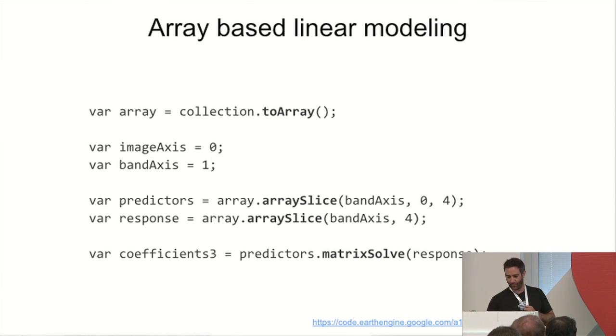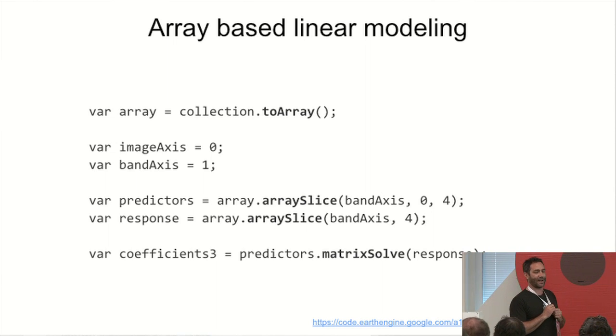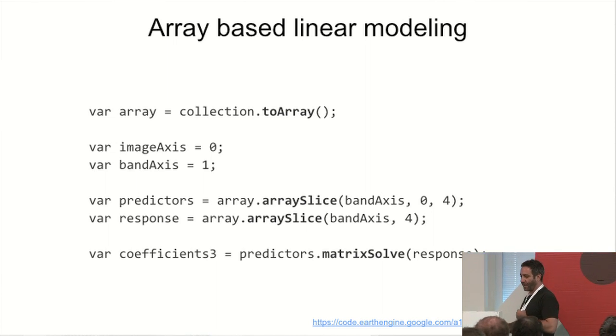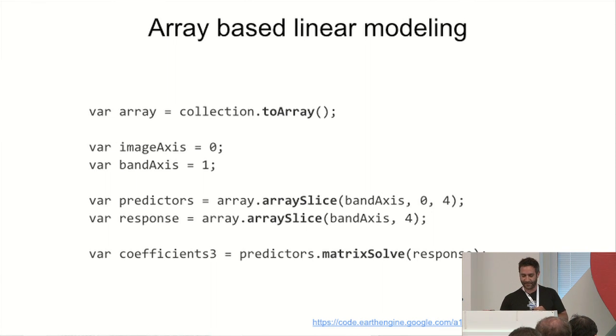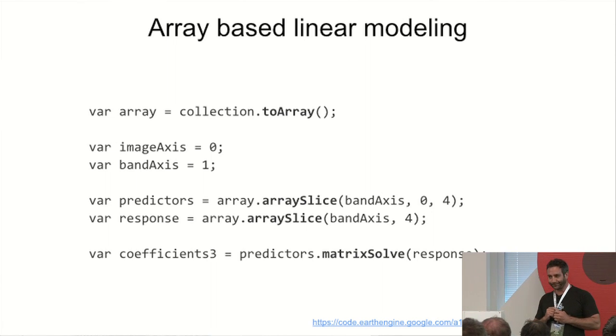The second part will give us, we're also slicing along the band axis, but all we want is index 4 along that axis. So now we have our predictors in this giant array. Now we have our response in this slightly less giant array. And the next thing to do is just call matrix solve on it in order to get those coefficients.